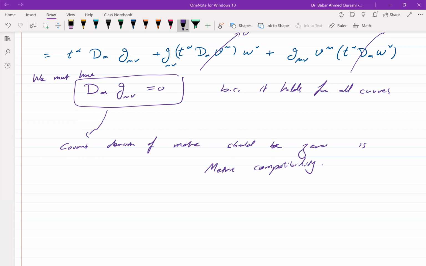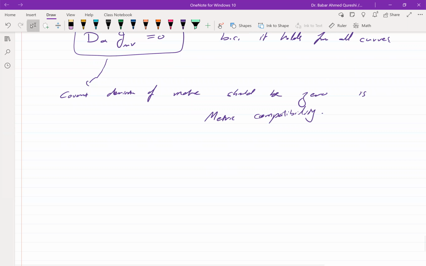Now at this point we don't know if we can always select such components. Like if I give you any arbitrary metric, can you find components so that this would be true? So that's our next problem. But before we go there, notice that this metric compatibility has many nice properties.